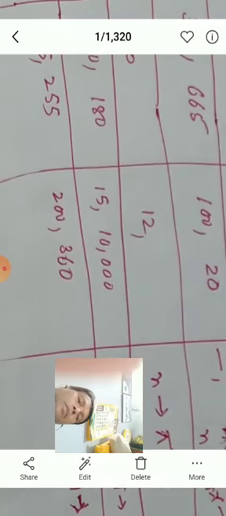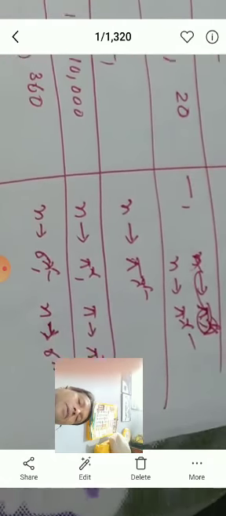Also in nitrile compound, the solvent is dioxane and the value is 270, and there is an n to pi star transition. And in ethanal, that is C double bond O group, the solvent is hexane and the values are 290 and 180, consecutively 15 and 10,000, and there is n to pi star transition, pi to pi star transition.